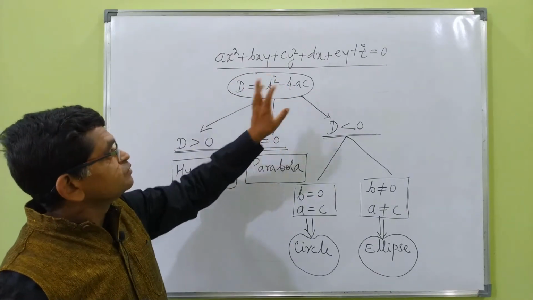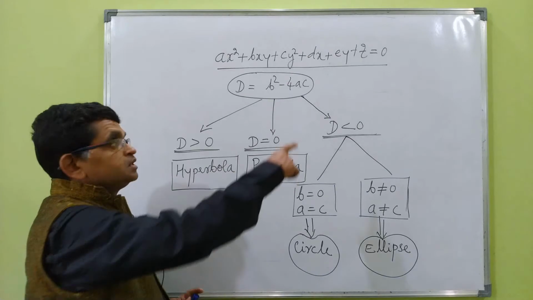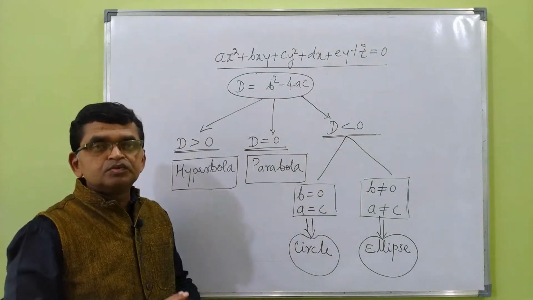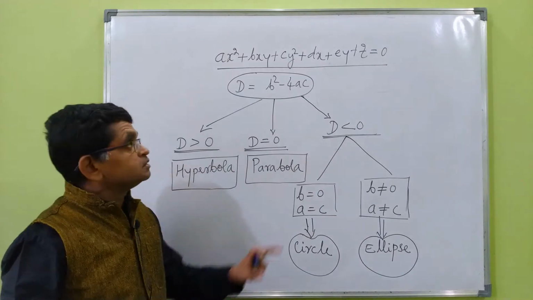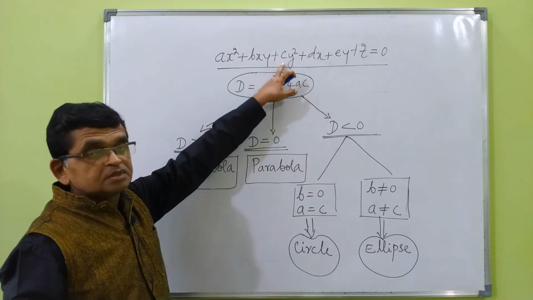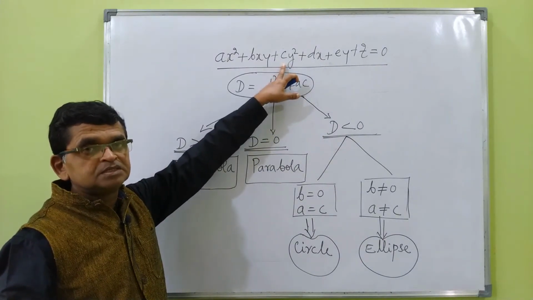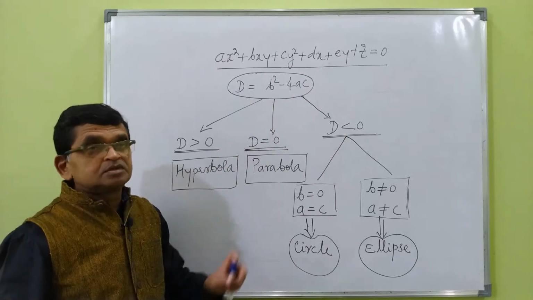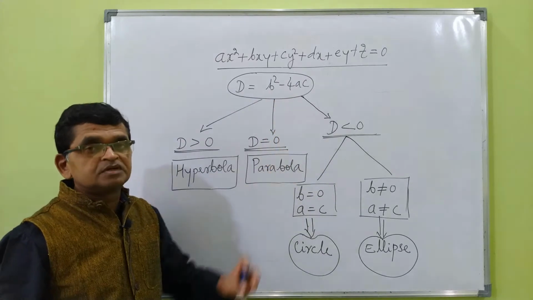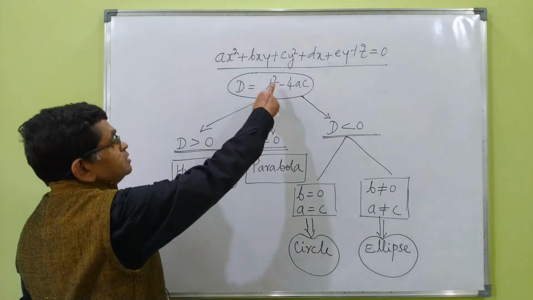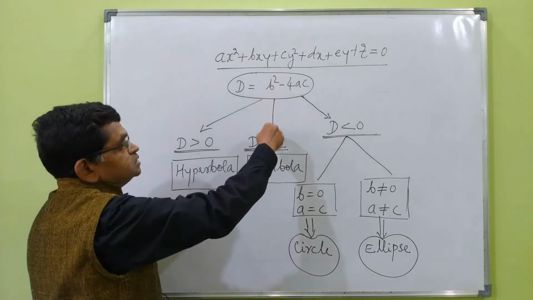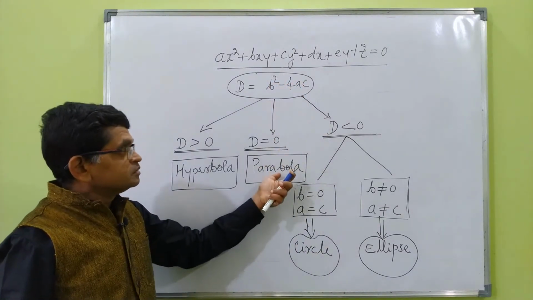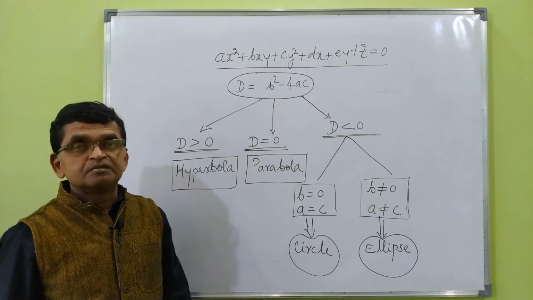Suppose that discriminant is positive, then you need not go further; the given equation is the equation of a hyperbola. If b squared minus 4ac is 0, then that indicates the curve will be a parabola.